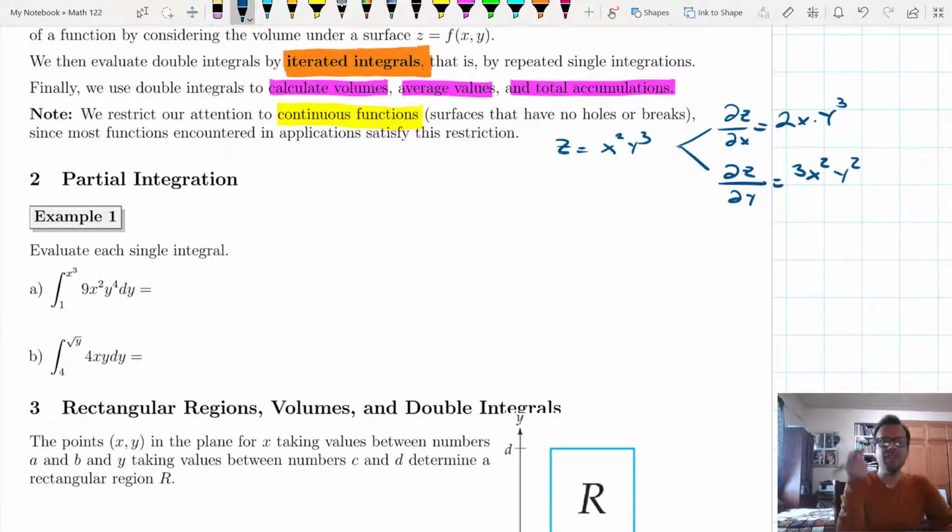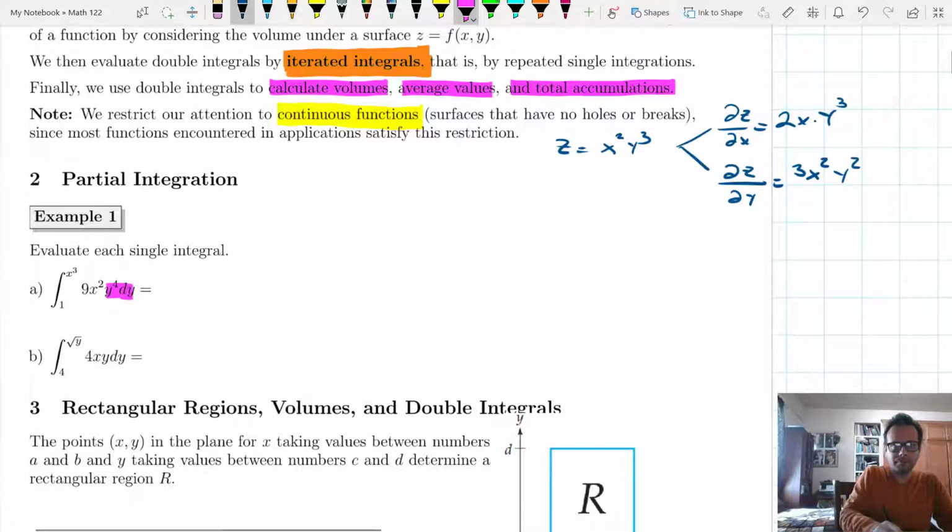We are going to have a very similar idea as far as integrating, using partial integration. Let's look at a couple of examples. In this case, we have to integrate the function 9x squared y to the 4th dy. We are integrating with respect to y, which means everything that has x's will go outside of the integral.